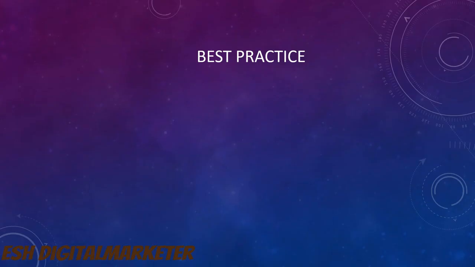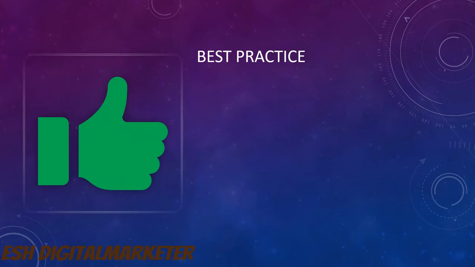The best practice is to use the CSS file externally. Most developers create a new website using an external CSS file because it is very easy to maintain and easy to share.